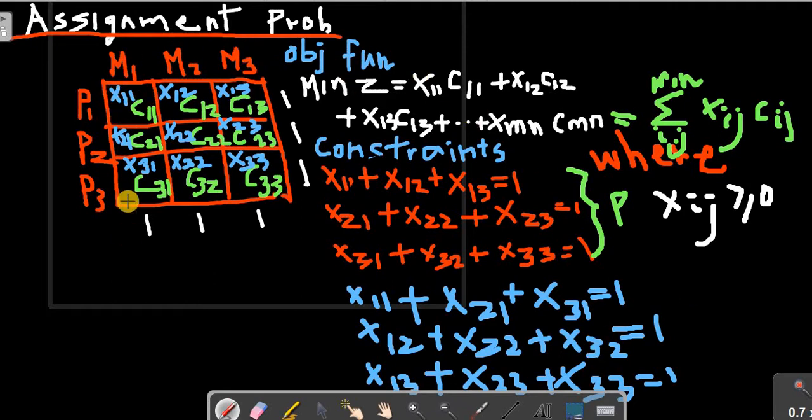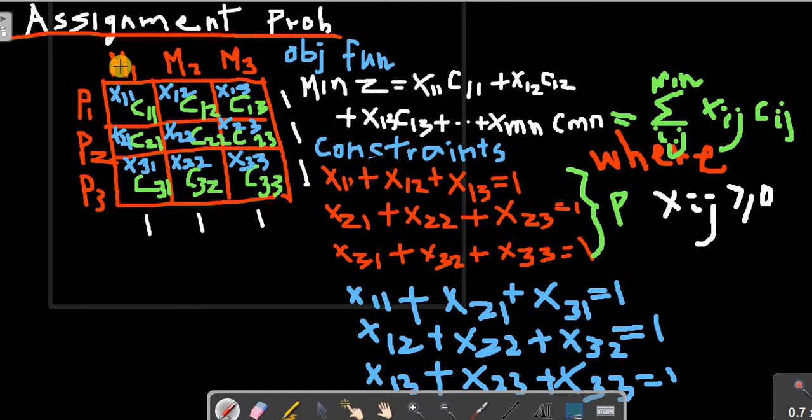Now look at the machines. Only one machine can be assigned to only one person. Suppose M1 is assigned to P1, then M1 cannot be assigned to P2. As a result, this X21 becomes 0. If M1 is assigned to P3, this value will also be 0 because we have already assigned machine 1 to P1. Therefore, X11 plus X21 plus X31 must be equal to 1.